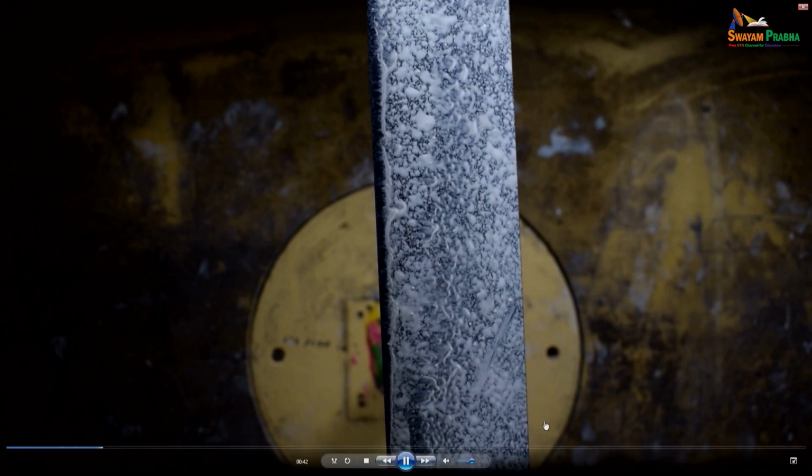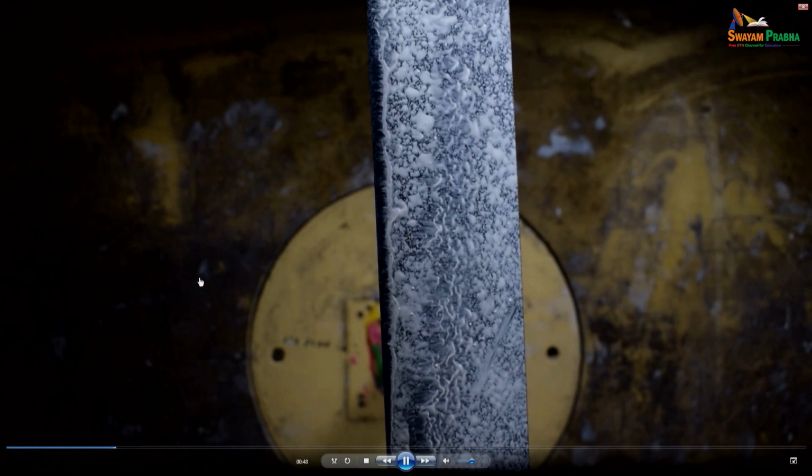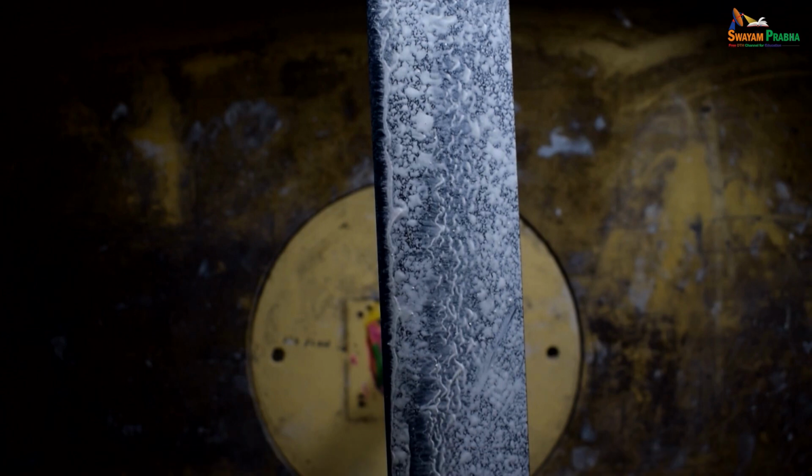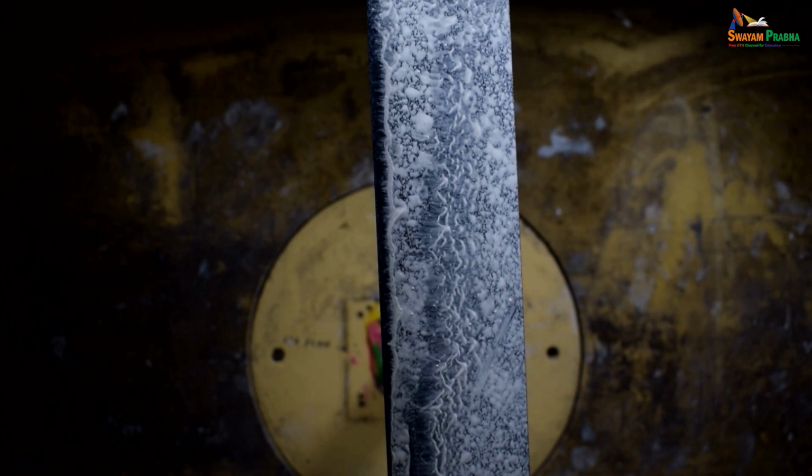I can speed this up a little bit maybe, or maybe not. You just miss out on a few things. You can see how the structures are changing and developing, how new structures are forming.